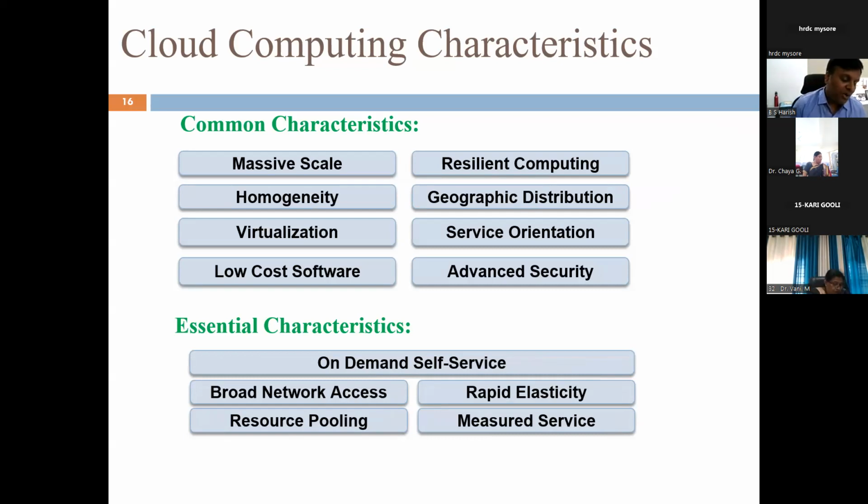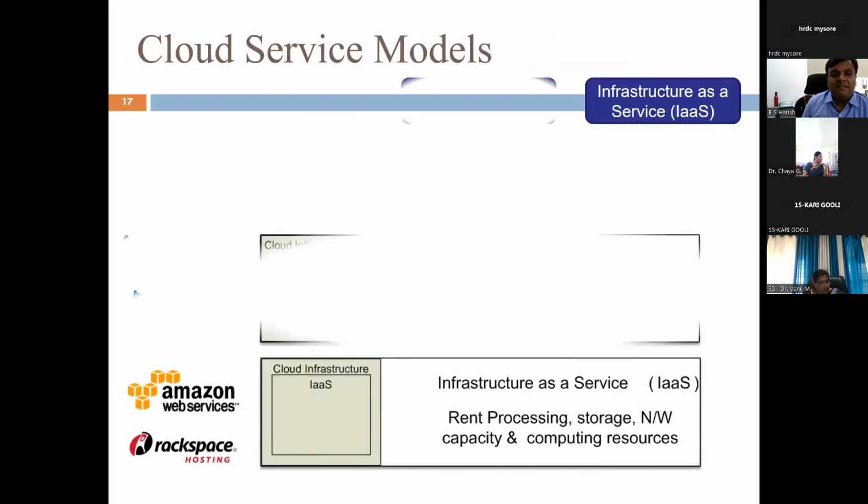Then we have broad network access, rapid elasticity, and resource pooling, such that a given piece of data is not used for multiple purposes but is exclusively dedicated to that particular application itself. These are the common and essential characteristics.